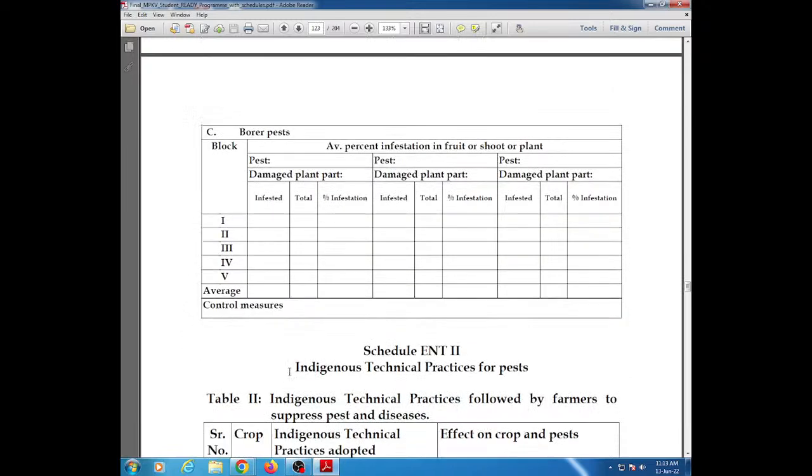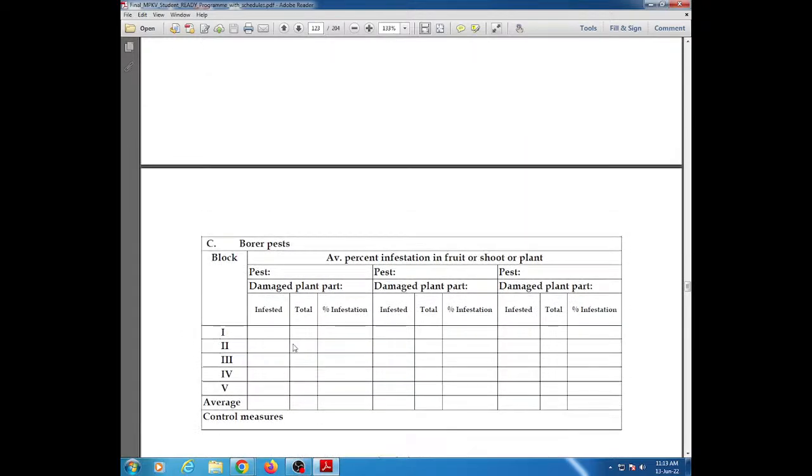Then third is the group of borers. Now what are these borer pests? They are affecting the fruits or shoots of the plant, meaning the economic product, that is the fruit or the vegetative product or the shoot, or some other part of the plant which is important for higher production.